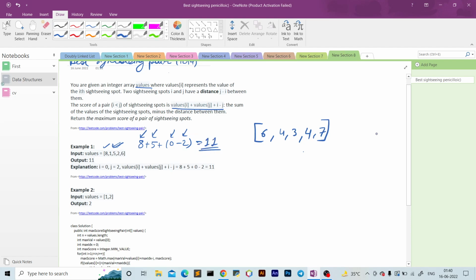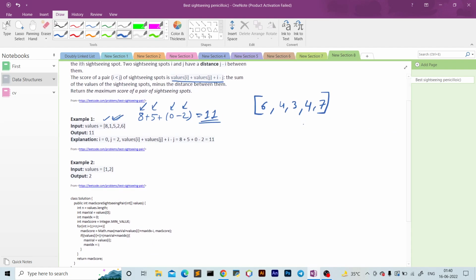Now, the brute force approach to this problem would be to check each and every pair. So for this example, 8, 1, 5, 2, 6, we could start from this I0, which is this 8. So we could check I0 and J1.